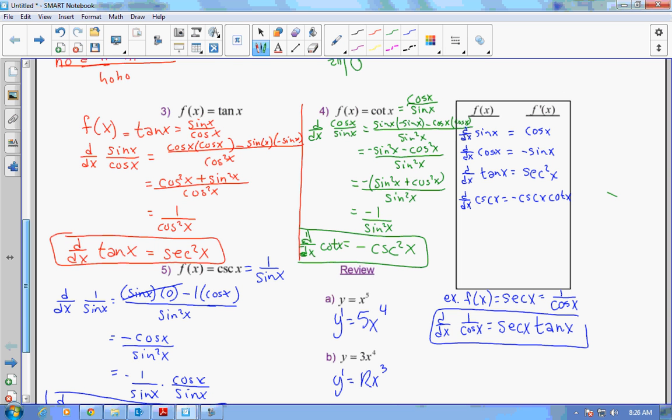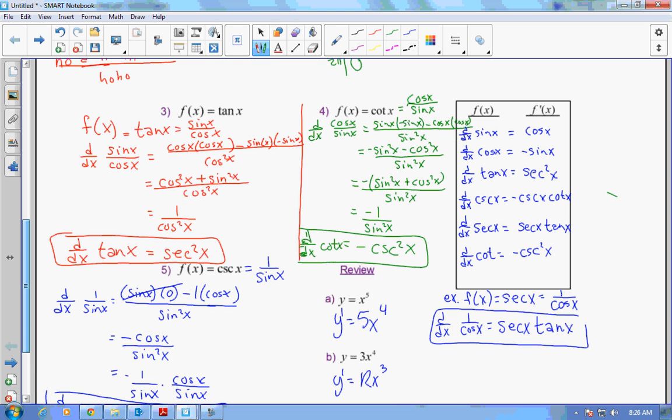Okay, then secant. What's the derivative of secant? So that also has part of itself in it. And the last one, cotangent. Cotangent is negative cosecant squared x.